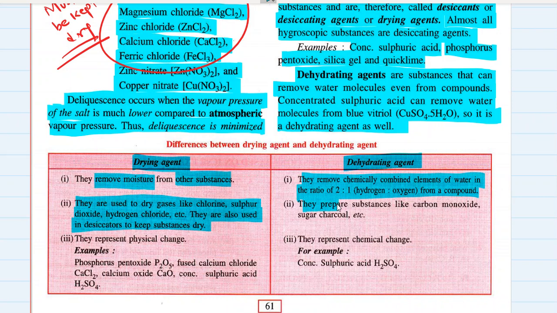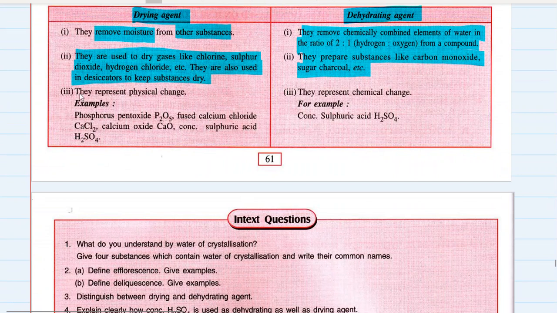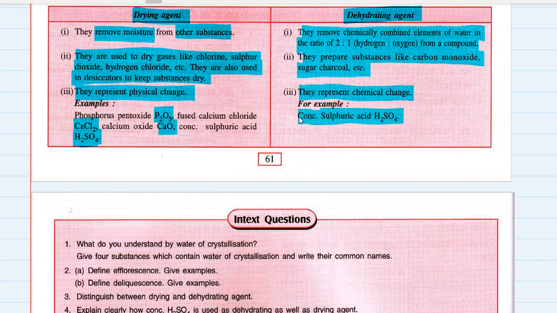But dehydrating agents prepare substances like carbon monoxide, sugar charcoal, etc. Drying agents represent physical change, dehydrating agents represent chemical change. Drying agents are phosphorus pentoxide, calcium chloride, calcium oxide, concentrated sulfuric acid, but among dehydrating agents, we just have concentrated sulfuric acid.